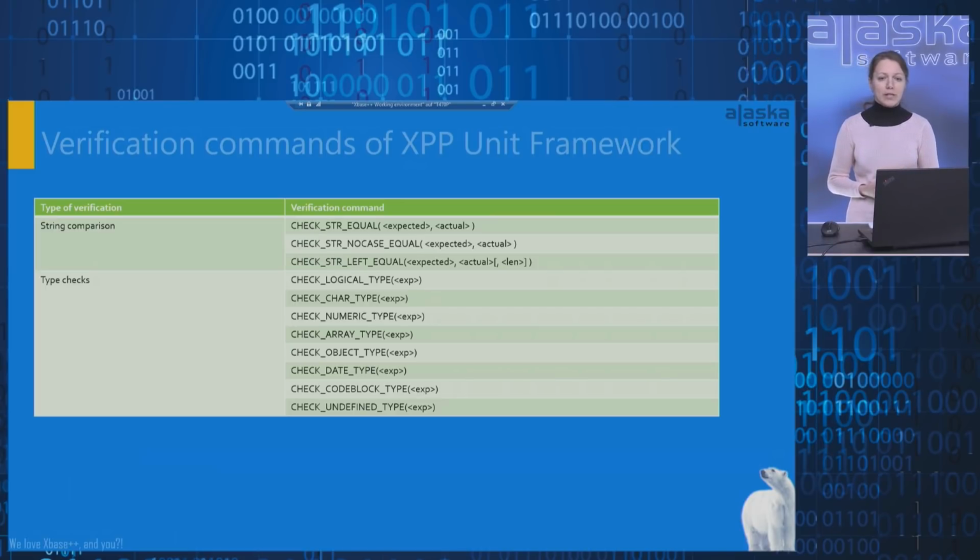And the last one checks whether the first n characters of two strings are equal. And the last group in the slide is type checks. They check whether the given object is an instance of a specific type. For example, logical, character, number, numeric, and array, and so on.